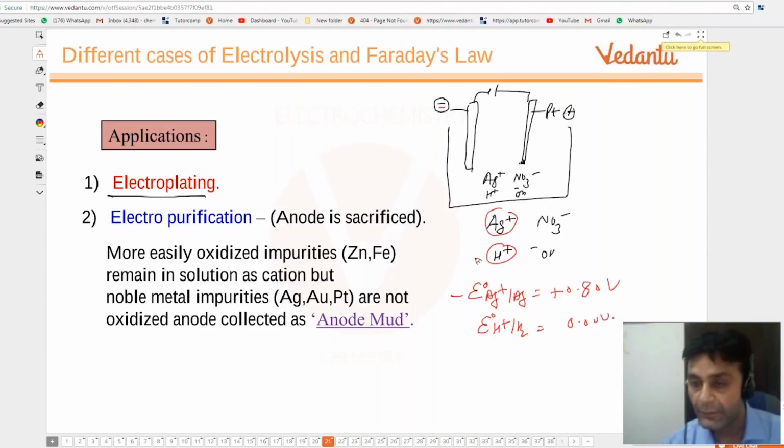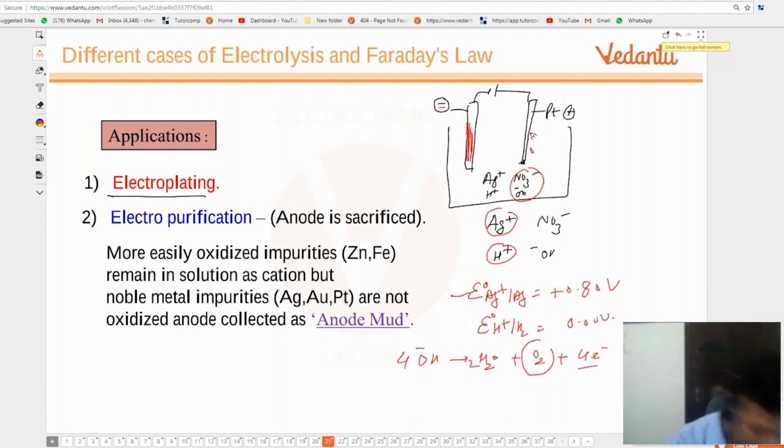Silver, right? So on this, the silver will be deposited. And out of the NO3 negative ion and the OH negative ion, which will be discharged first? OH ion, right? If OH ion gets discharged, it forms water, oxygen, and electrons. So oxygen gas will be liberated here. Are you getting me?